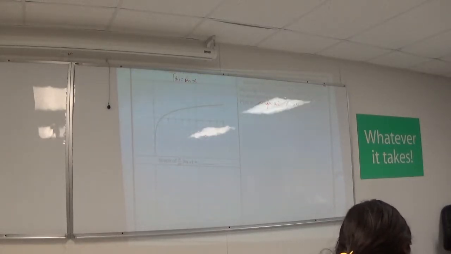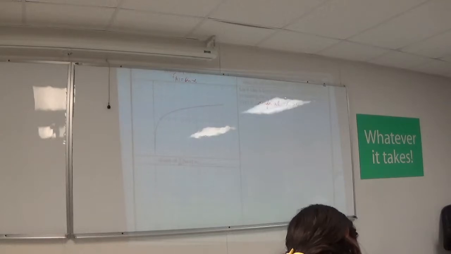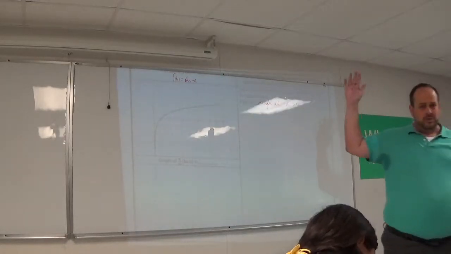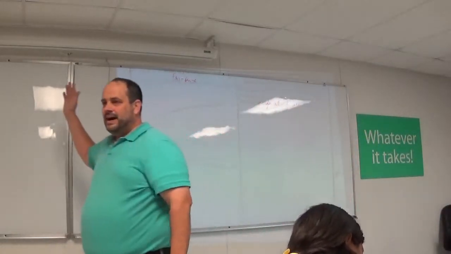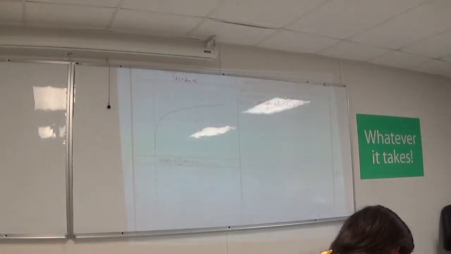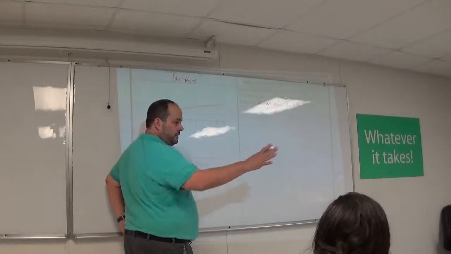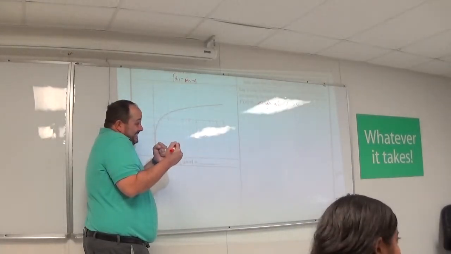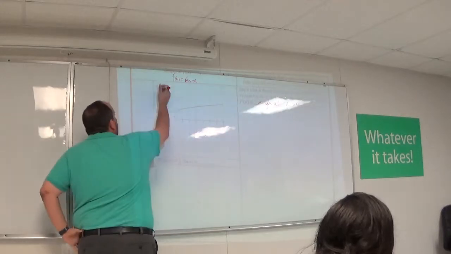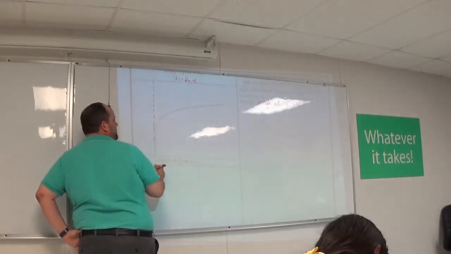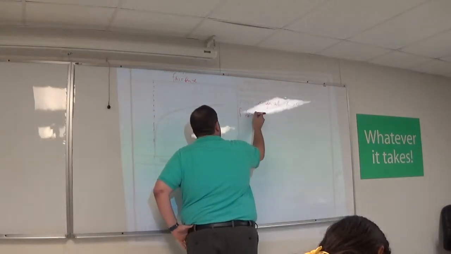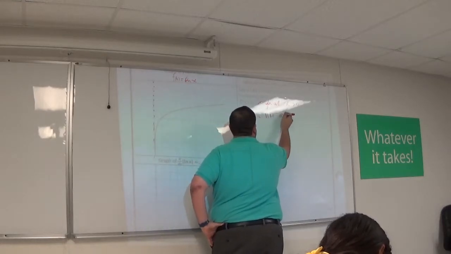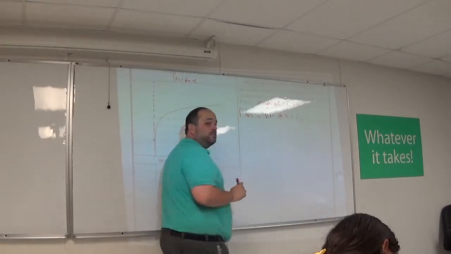Okay, how many groups have at least one more thing that you can tell me about the graph of the derivative? 2 groups, that's it? Oh, come on. Sylvia, tell me something else. There is a vertical asymptote. f has a vertical asymptote at x equals 0.